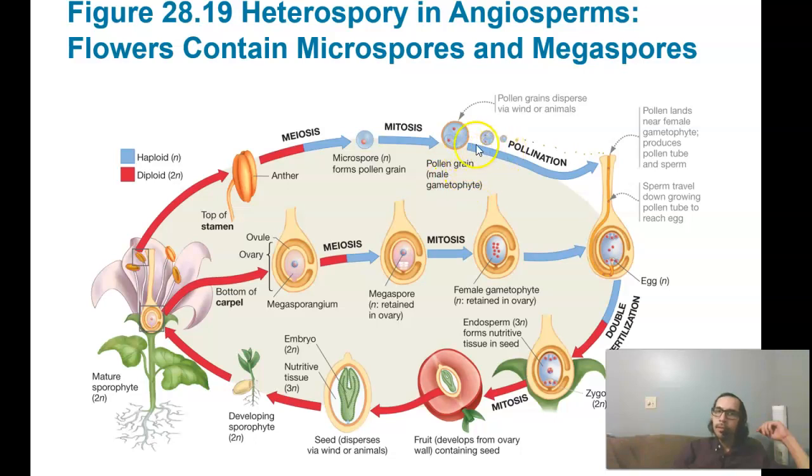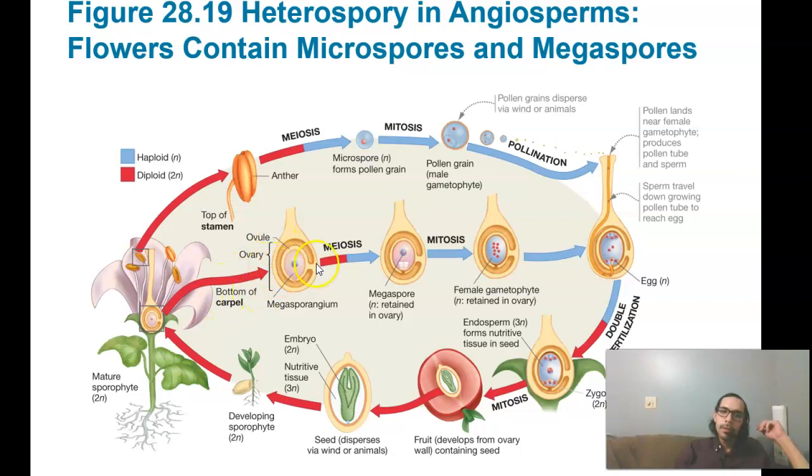And then it's carried either by the wind or by animals like bees, bats, or hummingbirds, to another flower where it allows the pollen grains to enter the carpel of a female.